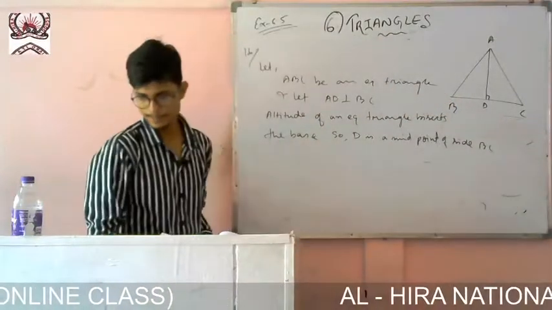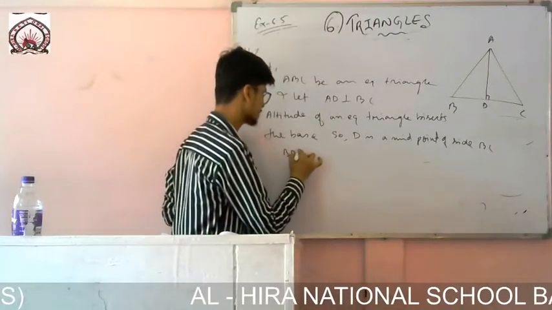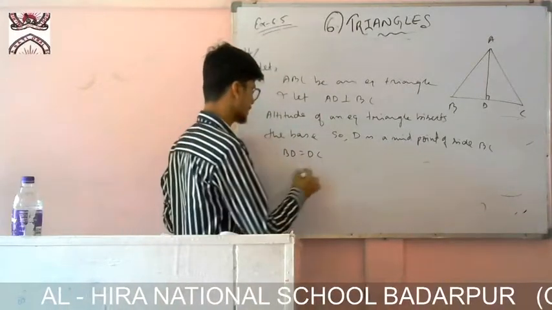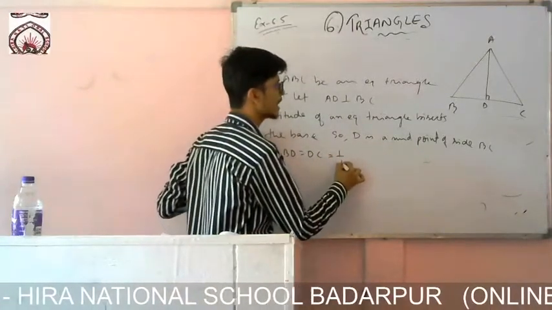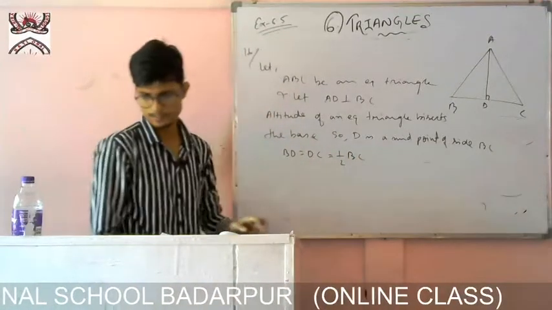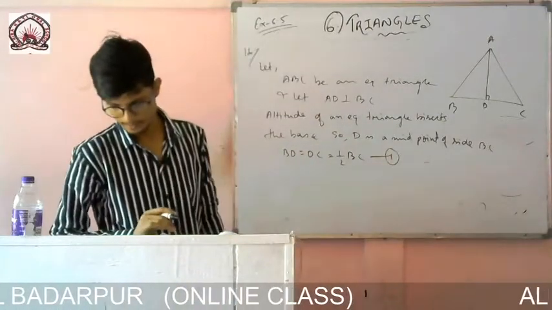Okay, D is a midpoint of side BC. So I can write, therefore, BD is equals to DC, or BD is equals to DC equals to half BC. Okay, this is the first thing I have written. So give it as equation number 1. We need to use this one in the formula.